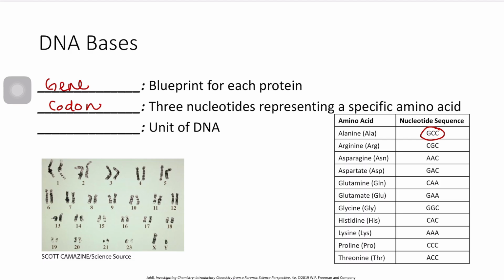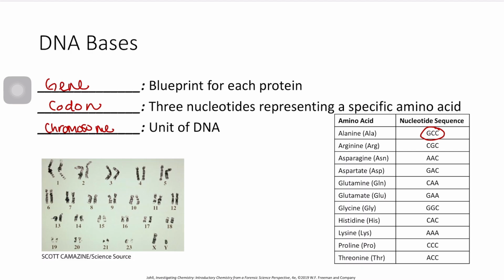And a chromosome is a unit of DNA. We have pairs of chromosomes, and each pair contains one from each parent.